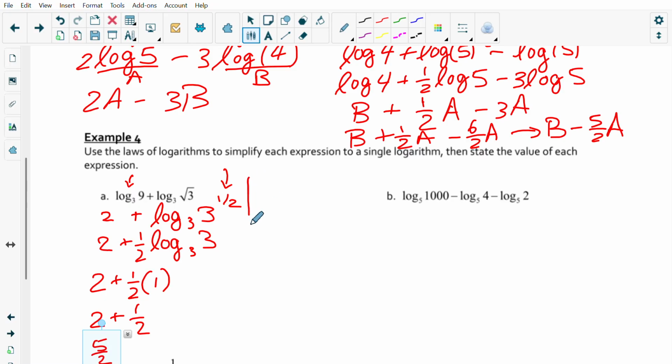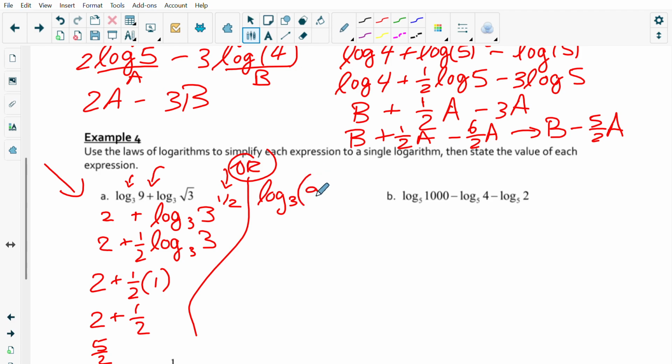Oh, the other way. Okay. So if we're applying the laws of logs, here's the other way. I'll show you another way. We can do it this way, but it's making you use laws of logs. So we're adding two logarithmic expressions with the same base. So I have log base 3 of 9 times square root of 3.